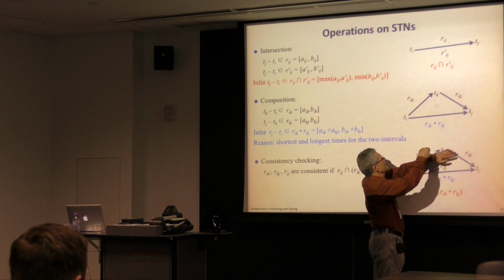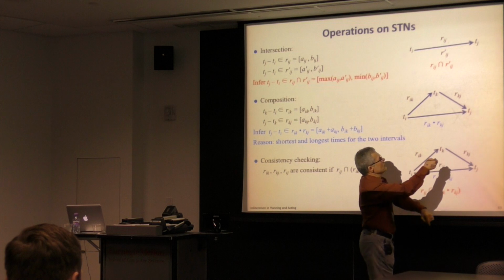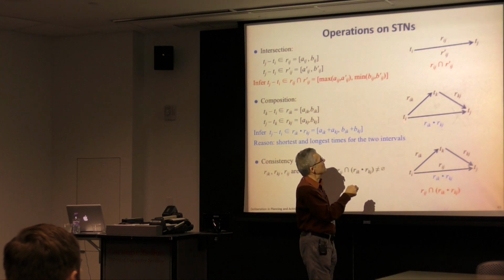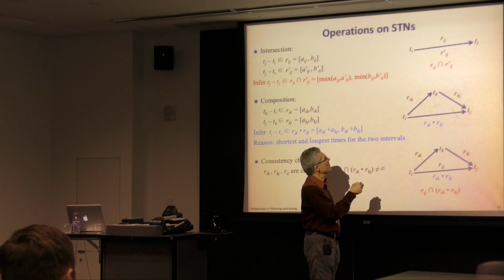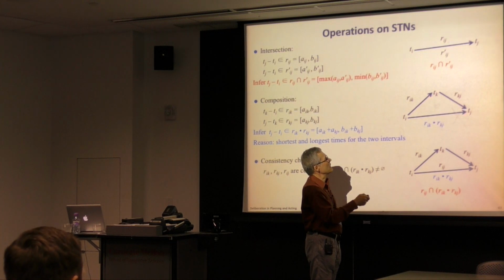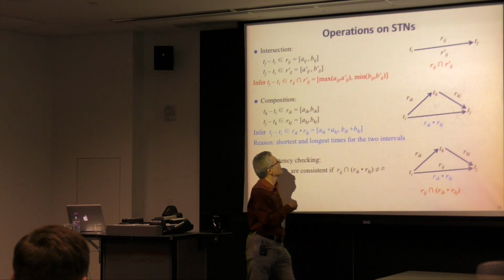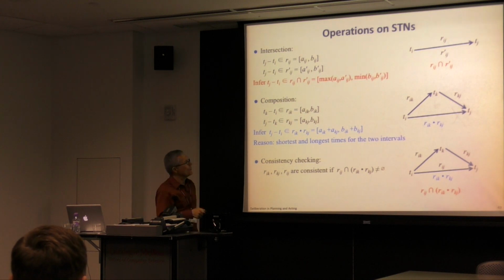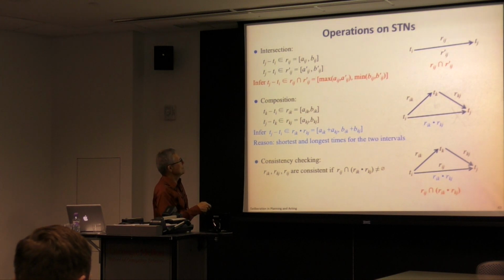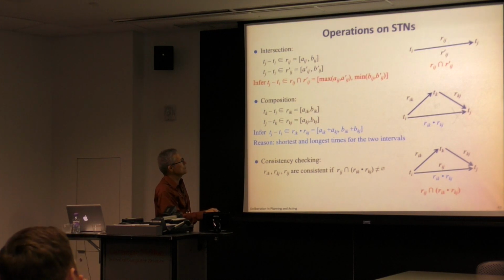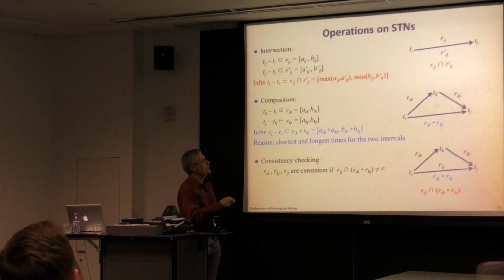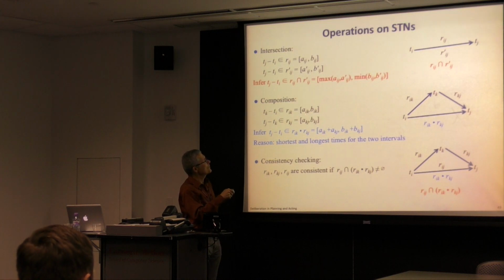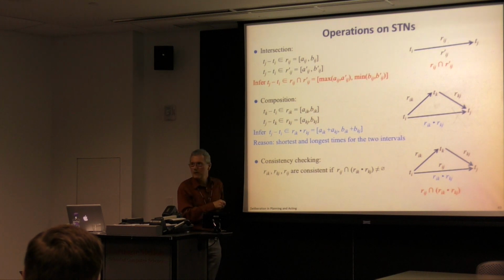You can do composition, and the idea there is, let's pretend for a moment that you don't have any constraint between Ti and Tj, but you have a constraint between Ti and Tk, R sub ik, and one between Tk and Tj, R sub kj. Here they are. What we can infer from that is that the time interval from Ti to Tj is at least the sum of these two A points, and at most the sum of these two B points.